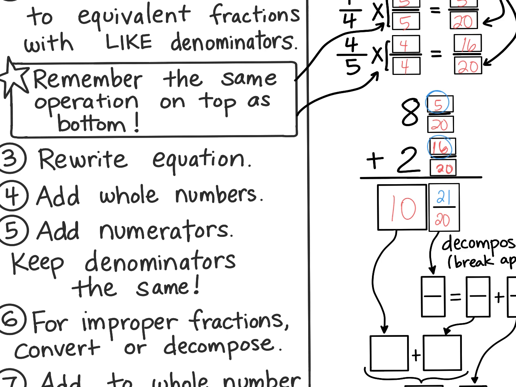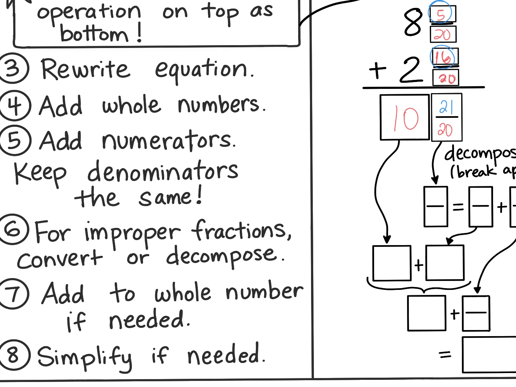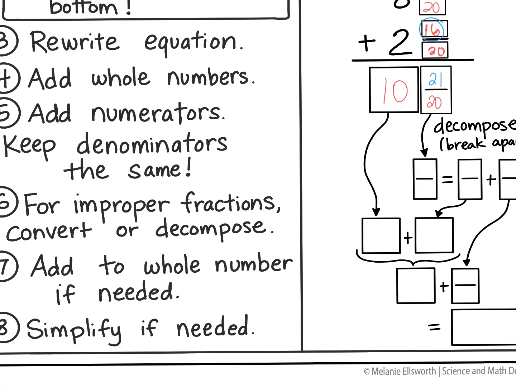However, okay, so my denominators are staying the same, but I'm stuck with the predicament because yes, I have a mixed number, but the fraction piece of my mixed number is what? It's improper. So I'm going to have to do an extra step. So I need to convert that to a mixed number.